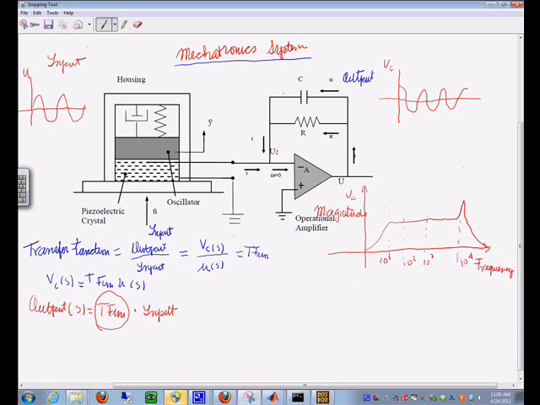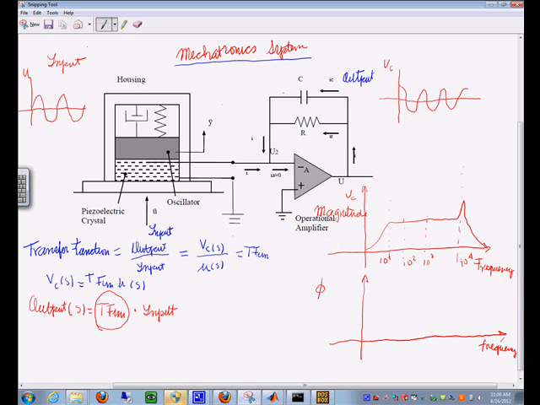But companion to this, if we plot how much in phase or how much out of phase the input is from the output, against frequency, the difference between these two would be the so-called phase angle, phi.